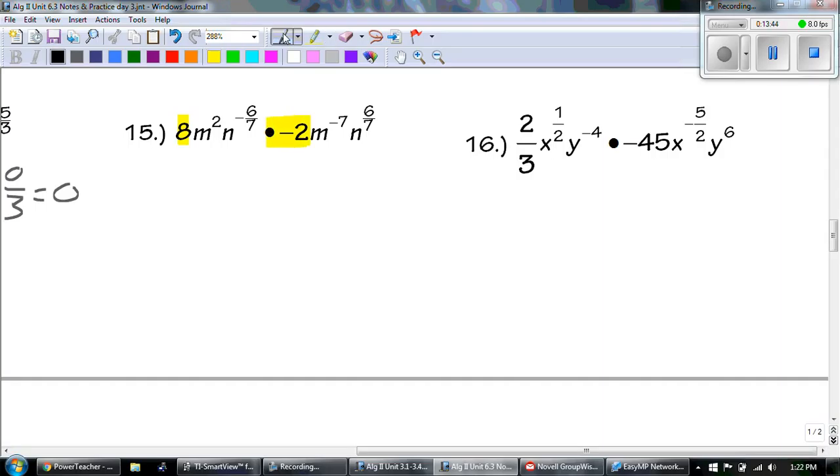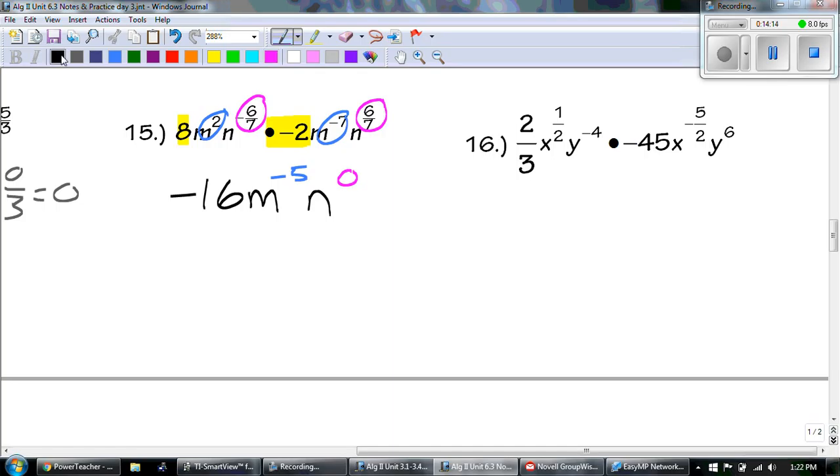So we worry about the coefficients first. 8 times -2 is -16. I'm going to add my m's, and that gives me m to the 2 minus 7, which is -5. And then we have the n, -6/7 plus 6/7 is 0.